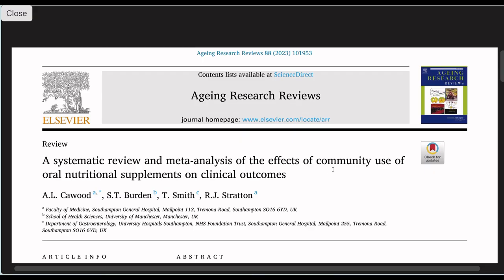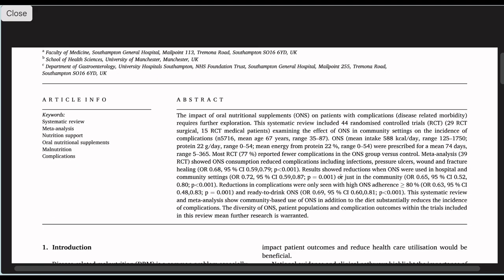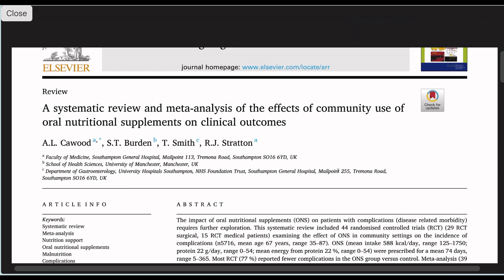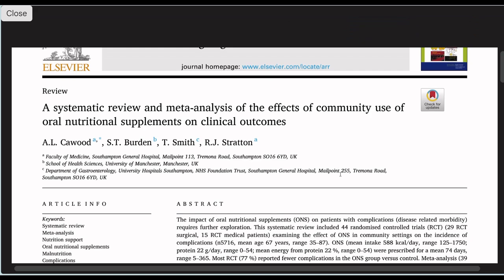What they want to find out is: we have some patients who are receiving treatment from the hospitals, but they also complement their treatment with nutritional supplements. For those combining nutritional supplements with their standard treatment, is there any difference?